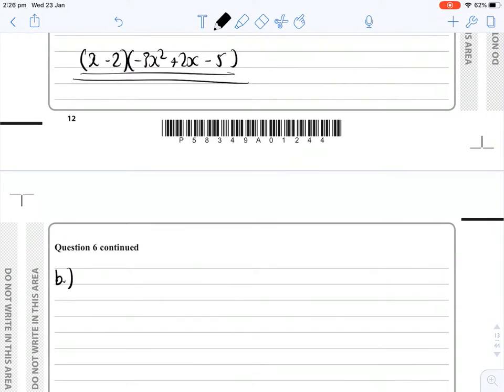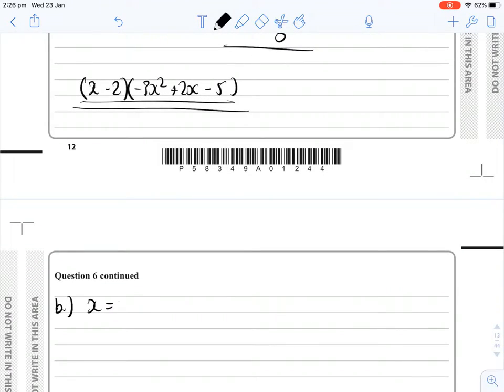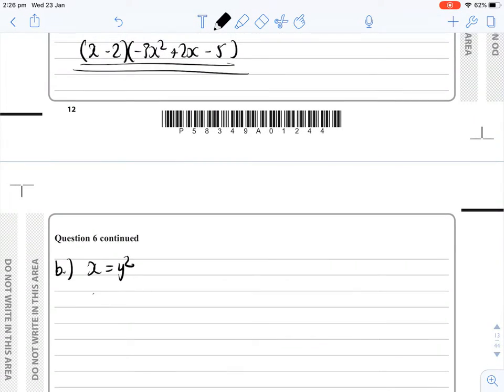So for part B, I can say that x is equal to y squared, and then use my answer from the previous part to say y squared minus 2 times minus 3y to the 4, add 2y squared minus 5.